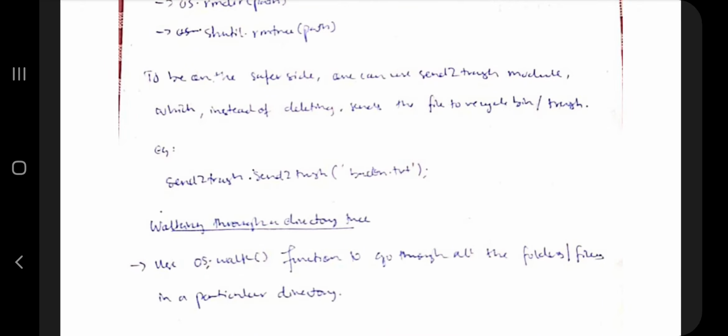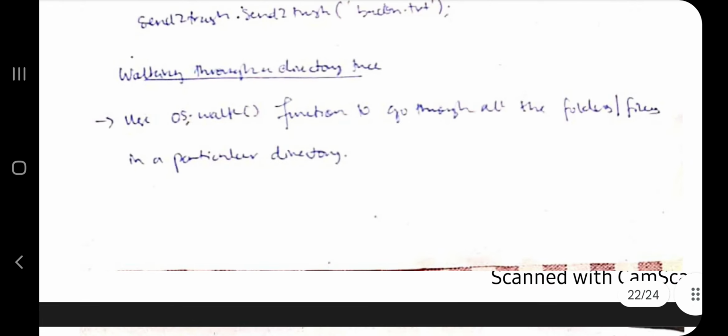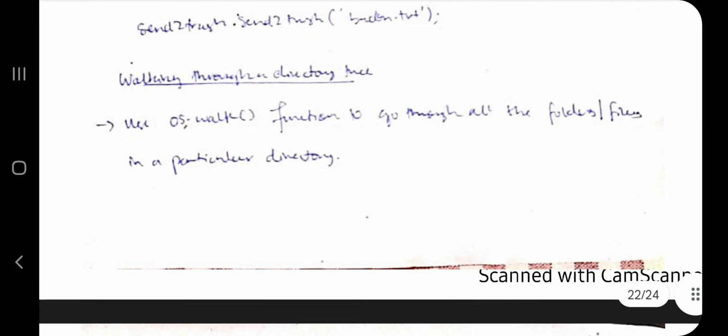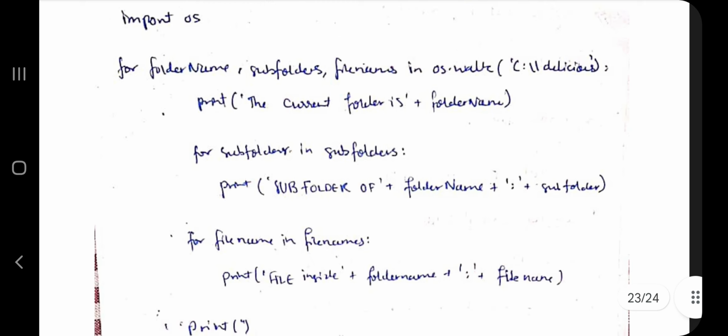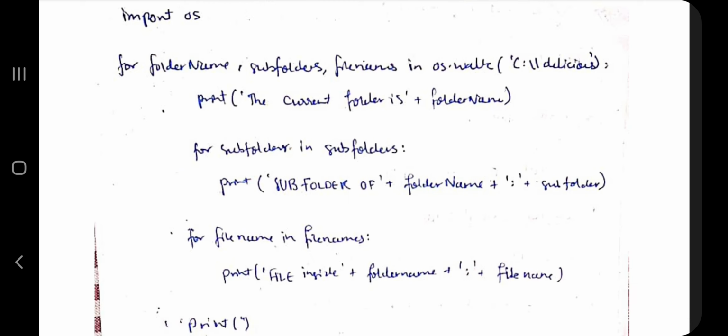Okay. And the os.walk function can help us traverse through all the files and folders. Suppose that there are many files and they have subfolders and subdirectories. It will take a lot of time to travel to each file and make changes. Okay. And there is a high possibility that some files might go unvisited because of human error. So what we can do is form a for loop here, which will access each directory.